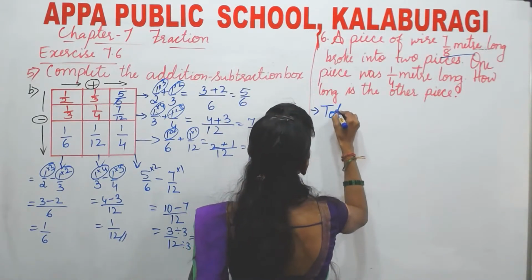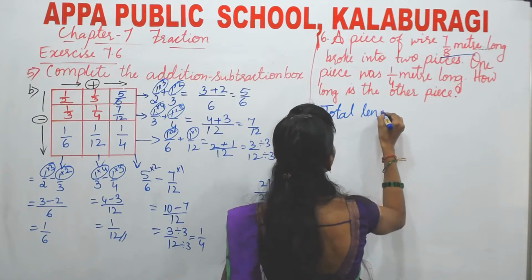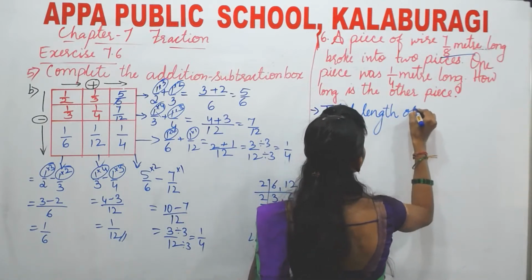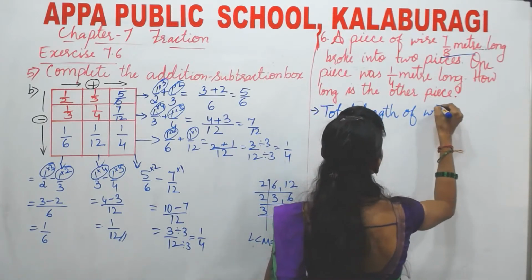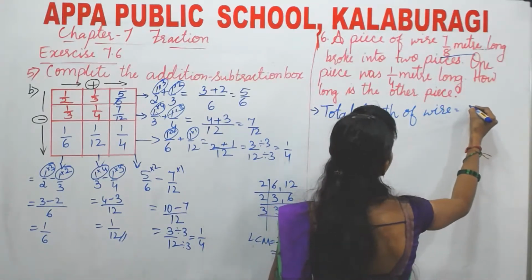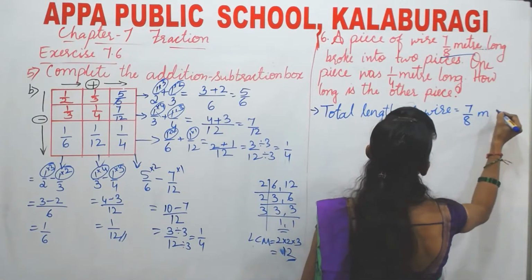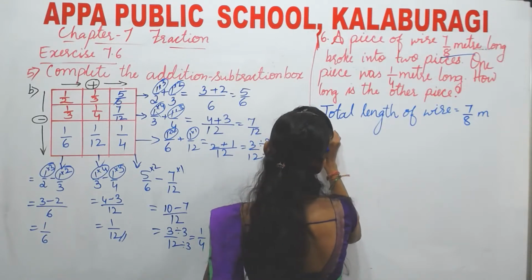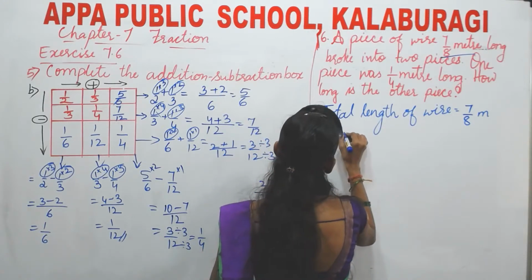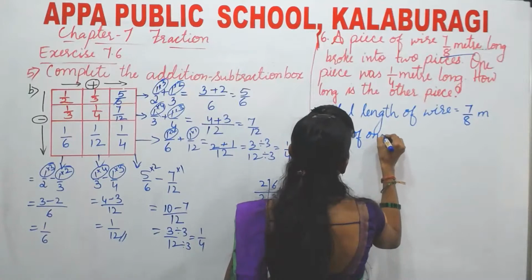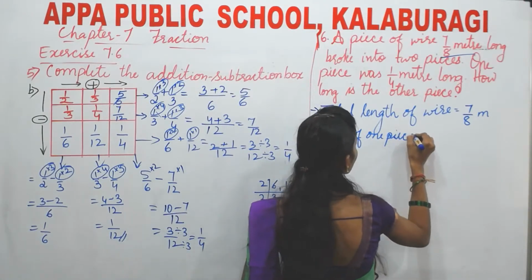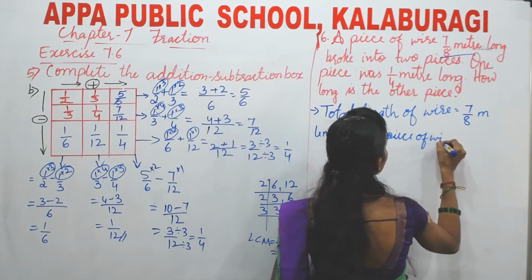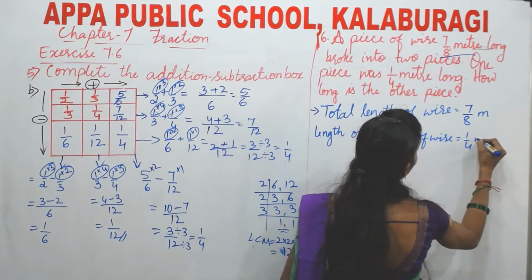Total length of wire, that is 7 by 8 meter. Then length of one piece of wire, that is 1 by 4 meter.